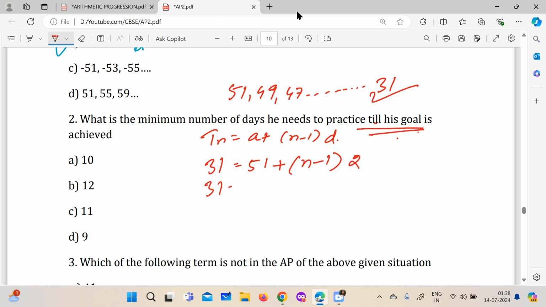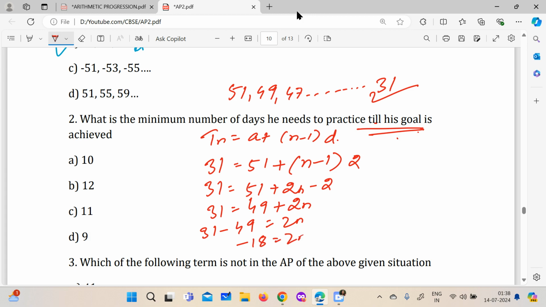So 31 equals 51 plus 2n minus 2. And 31 equals 51 minus 2 is 49 plus 2n, and then 49 will come this side. So 31 minus 49 equals 2n, and then you get minus 18 equals 2n.